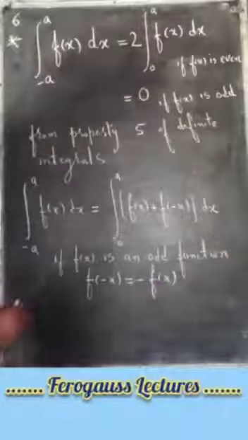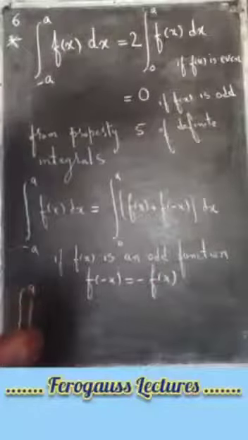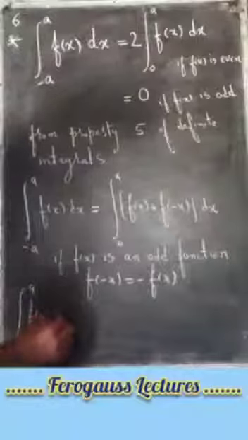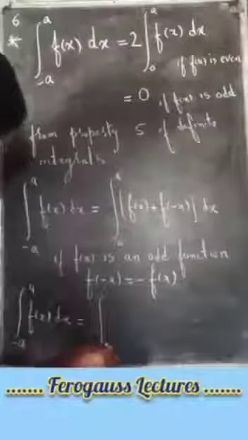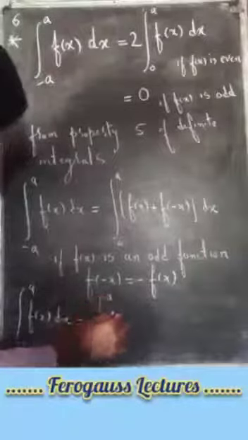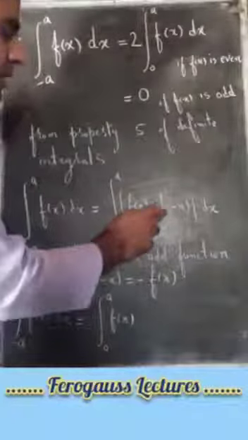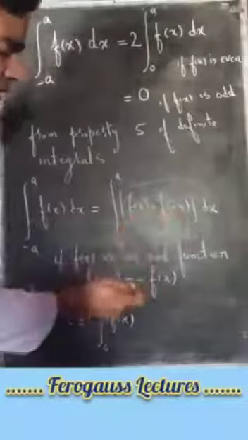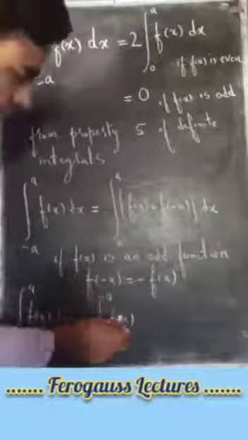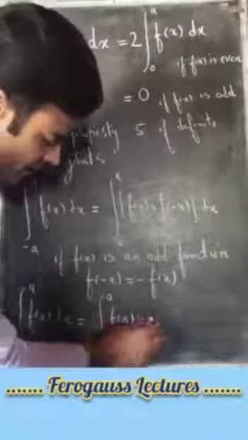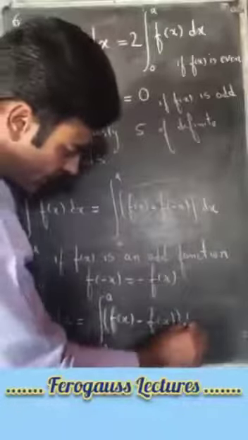Okay, so we can write the integral from minus a to a of f(x) dx is equal to the integral from 0 to a of f(x) plus, now instead of this f of minus x we can write minus times f of x if f(x) is an odd function, so we can write here minus times f of x dx.